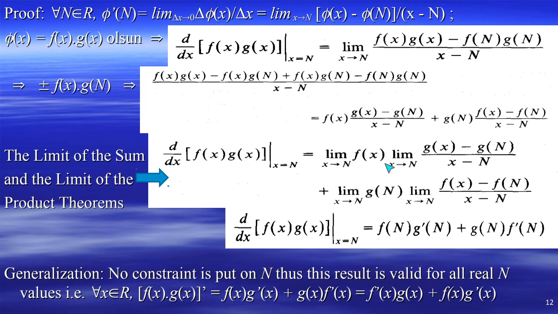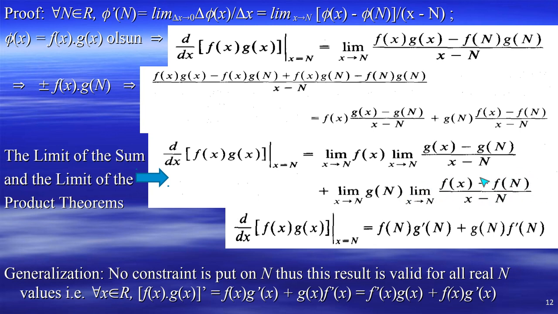Limit of f of x when x goes to n is f of n. Limit of g of x minus g of n over x minus n when x goes to n is the derivative of g of x at the point n, so g prime of n, plus limit of g of n, which is a constant, so it is g of n itself when x goes to n, limit of a constant is itself, times limit when x goes to n of f of x minus f of n over x minus n.